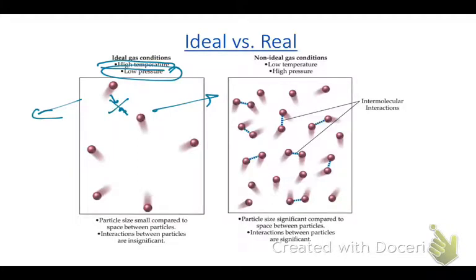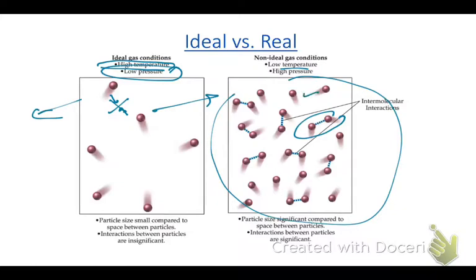So if I ask you which of the following conditions are best to guarantee ideal behavior, it will be the condition that will give me minimum interaction, or no interaction at best, right? And that will be high temperature and low pressure. In the opposite circumstances, if I have high pressure, they're going to come close to each other. And if I have low temperature, they're also going to come close to each other. So this is when it's non-ideal behavior.